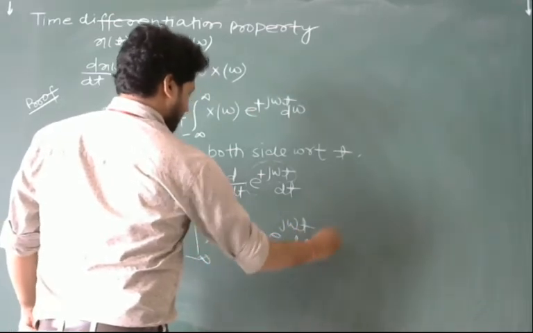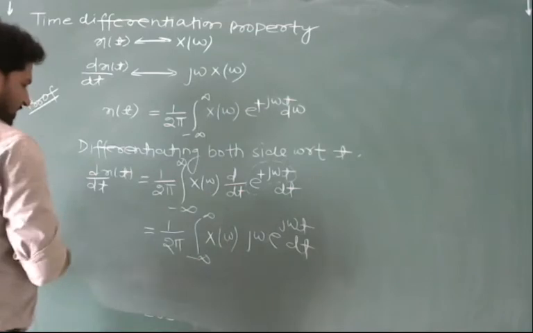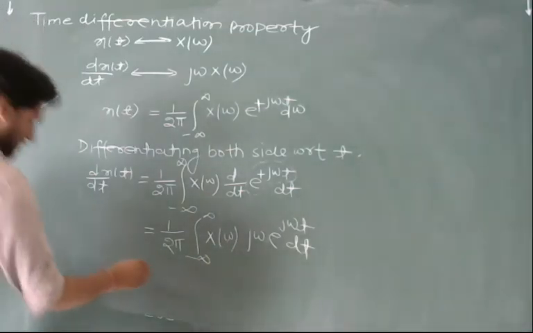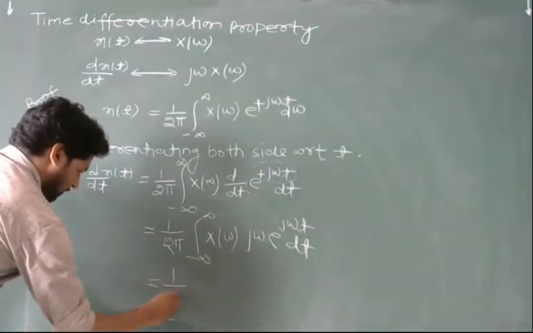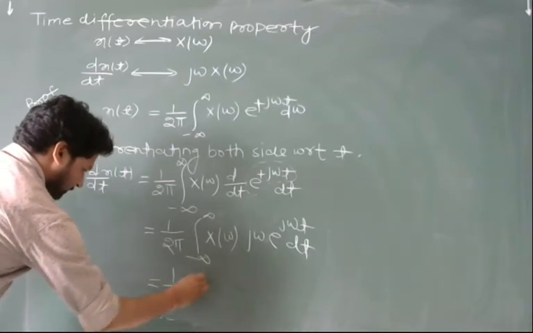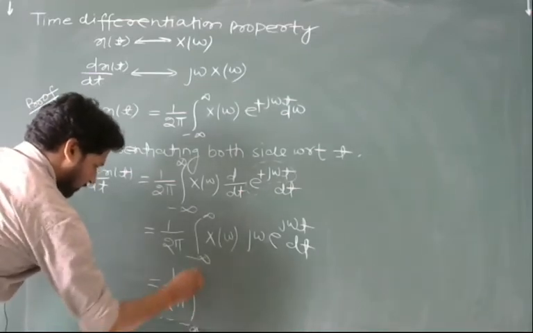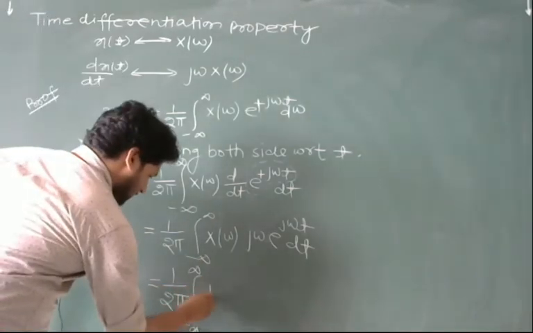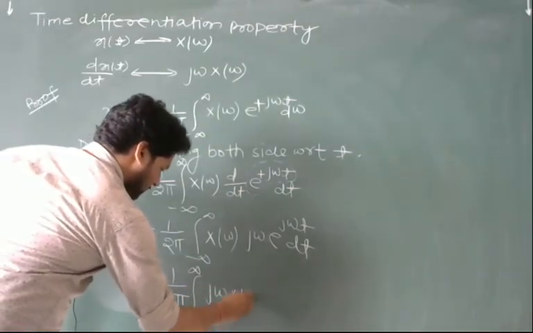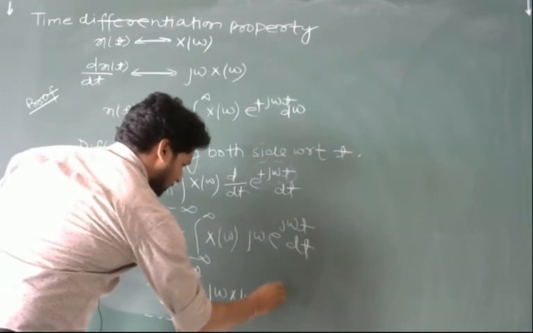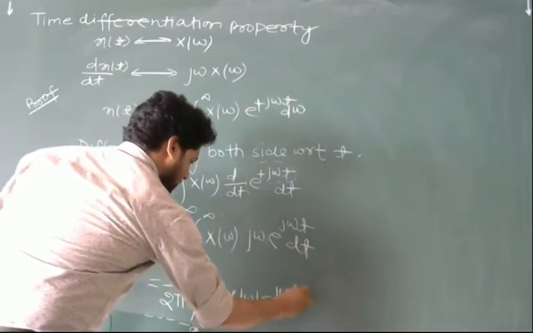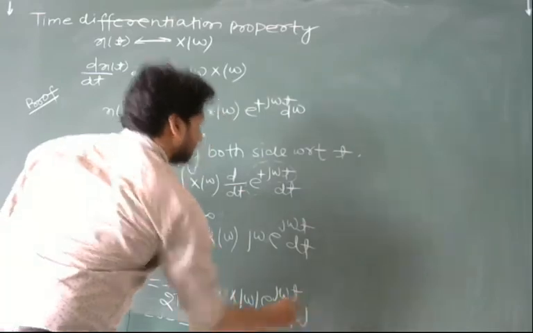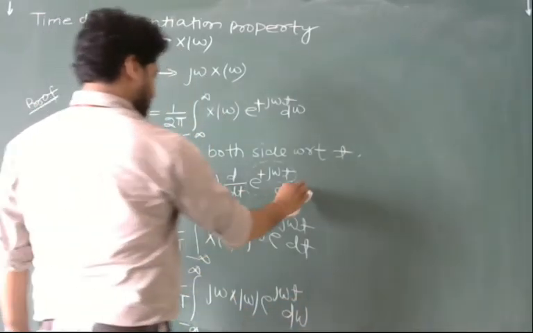Further, this can be written as 1 upon 2 pi, integration from minus infinity to plus infinity, j omega X(omega) e power j omega t d omega.